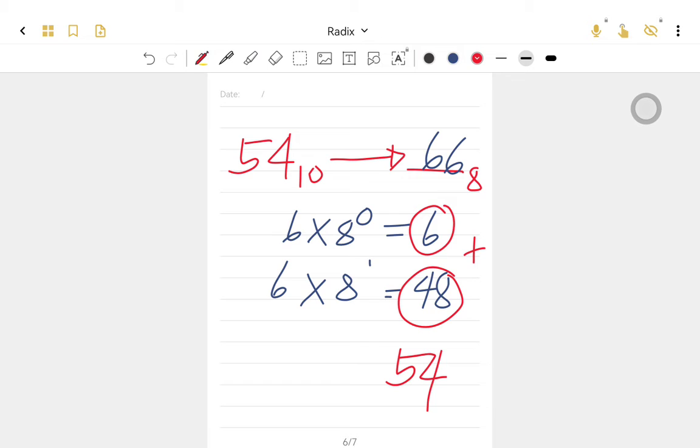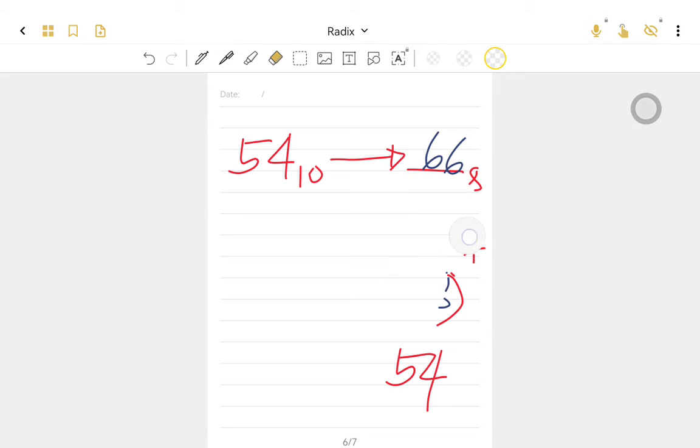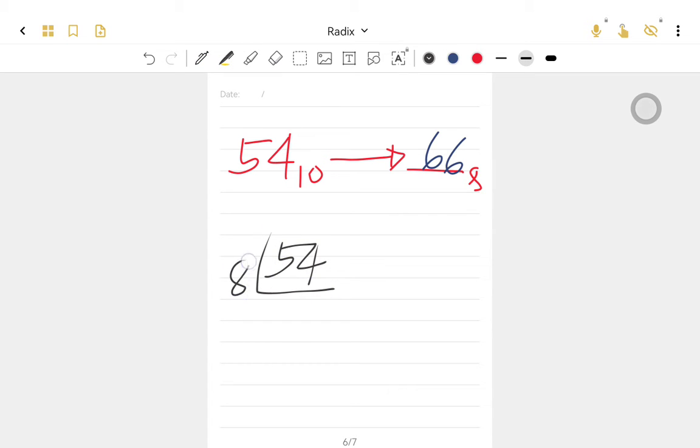I hope you learned and understood our discussion with the base of 8. So just remember that you are going to divide the given number in decimal by 8. Now we have 54 divided by 8. What is 54 divided by 8? Of course, that will give you 6.